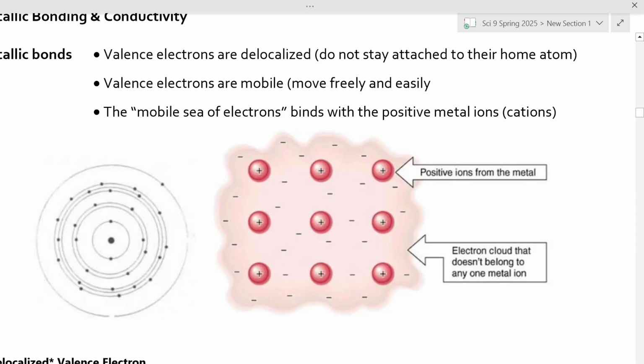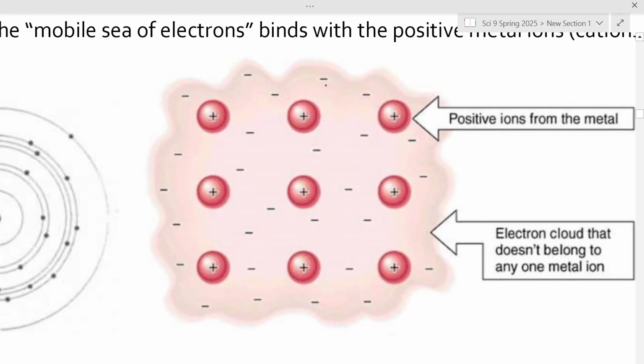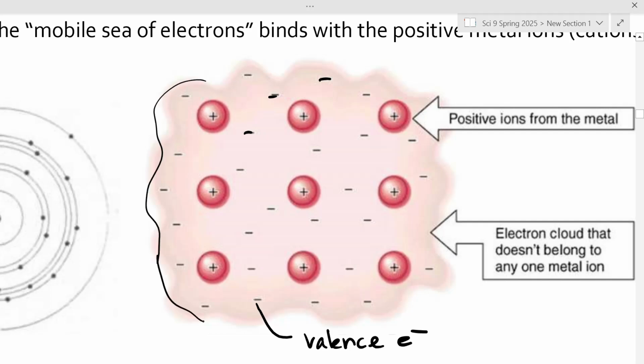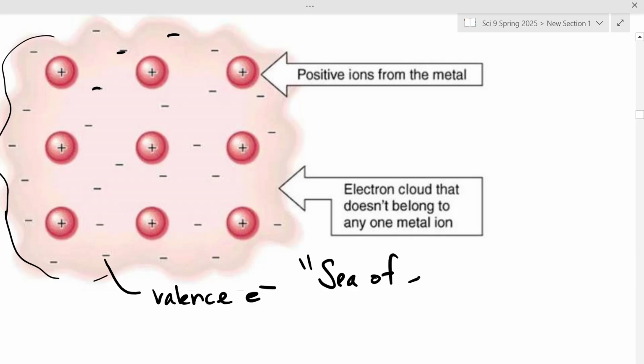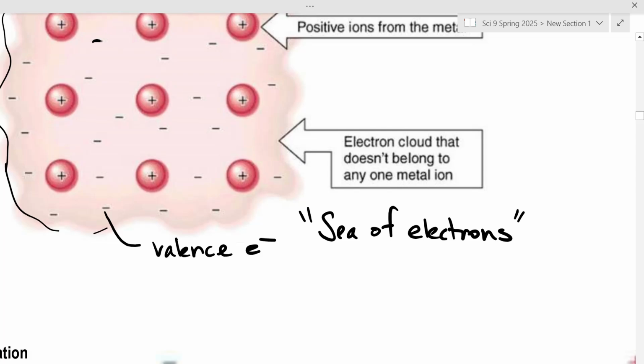What do we call this area with all of these valence electrons in it? What is the name that we give to this? That is called the sea of electrons. Remember, you have a quiz on this tomorrow, so this is good review for your quiz tomorrow. Those valence electrons, how do we say that they can move? We say that they are mobile.